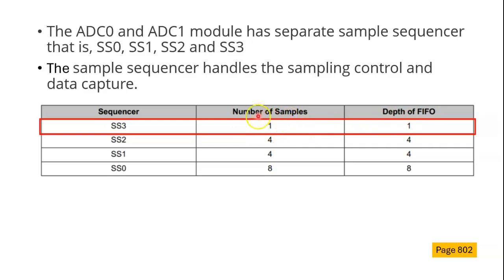So, for example, from the table, SS3, which is the one that I'll be using, the FIFO depth is 1. All right, so the depth of SS3 is 1. That means it can hold only one sample at a time.